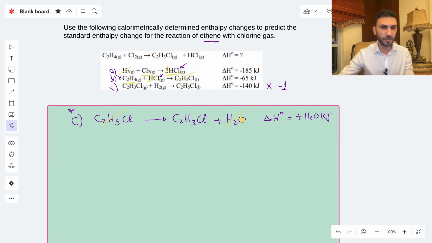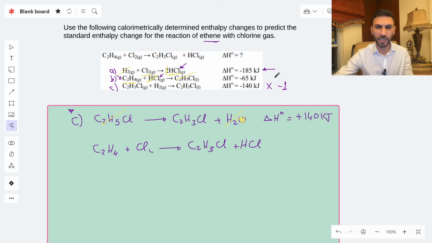Let's write it again. It's going to be C2H4 plus Cl2 yields C2H3Cl plus HCl. So all we need to do is to add reaction A, reaction B star, and reaction C star.